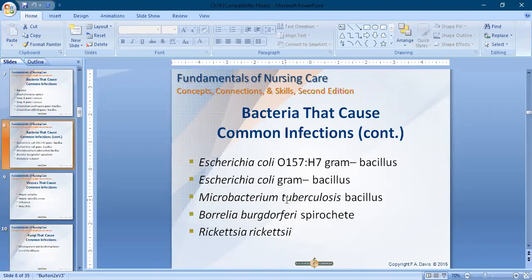Always you have to keep the door closed. The airborne door should be closed, but for droplet precaution or contact precaution, you do not need to close the door. They need a private room like airborne, but you should open the door.